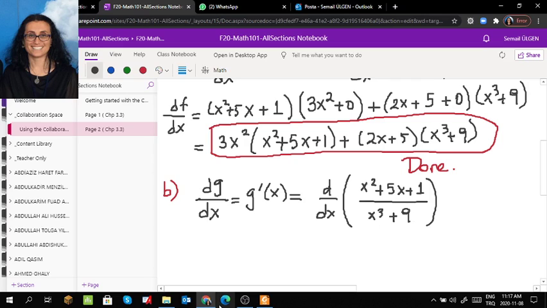Okay, so we take the derivative of the numerator. Probably I should leave a little bit more space here.